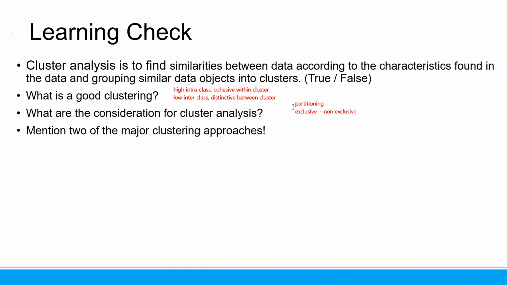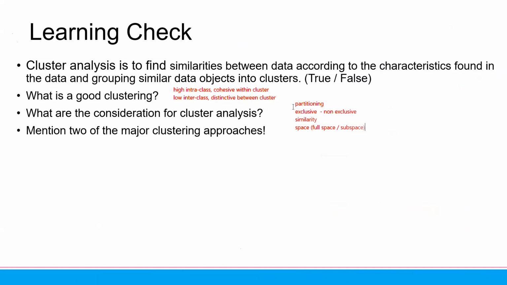We have the similarity, we need to check the similarity. And we need to check the space, whether you want to use the full space or the subspace. So you need to think how to do the analysis based on these four things.